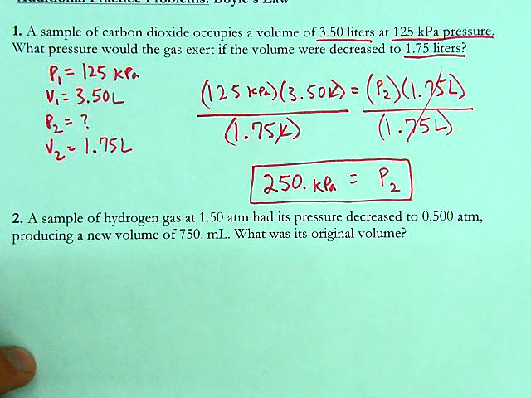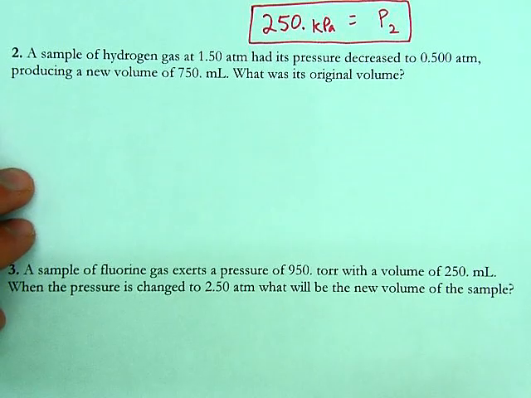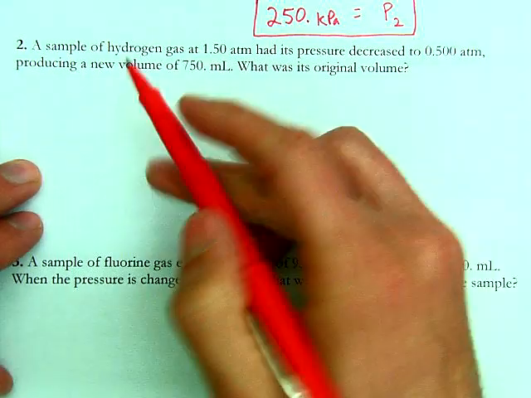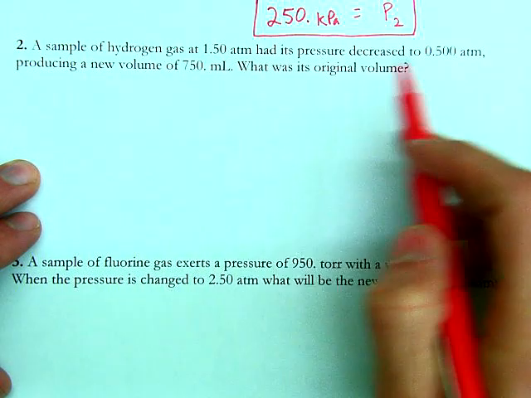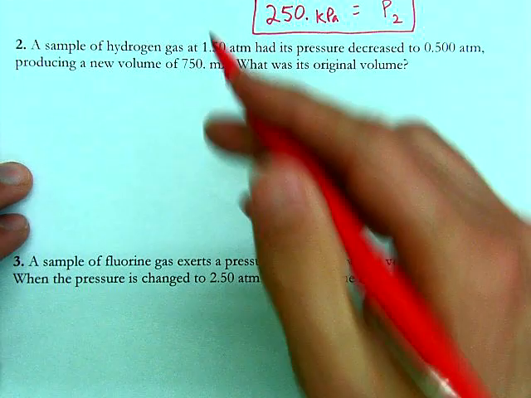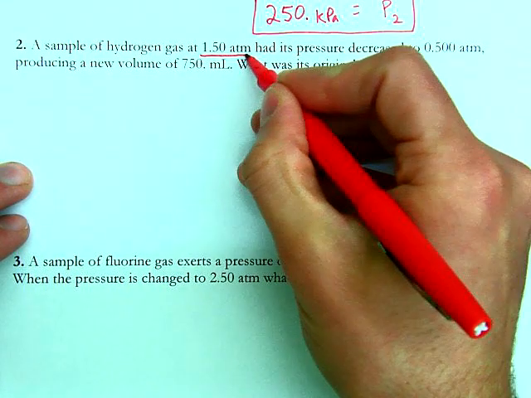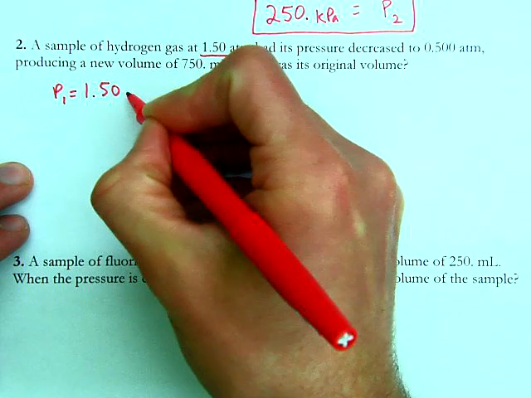Next, we have a question where you are first given the pressure, and it then decreases. So in this problem, it says that the starting pressure is 1.5 atm.